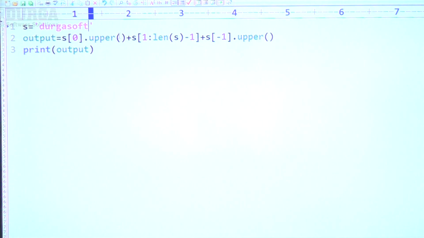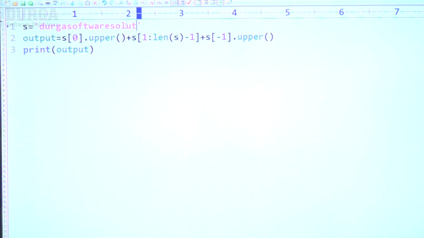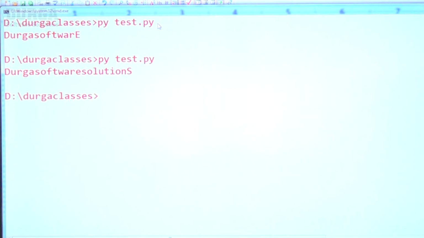It need not be durgasoft, take Durga software. Now observe, first one uppercase, last one uppercase. Not only that, solutions also I'm taking. So D uppercase, S uppercase. D itself is uppercase, S itself is uppercase.